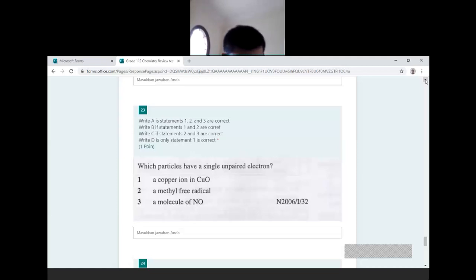You can refer to the textbook or Google. There is the diagram already. You just need to make the structure and tell from the structure.